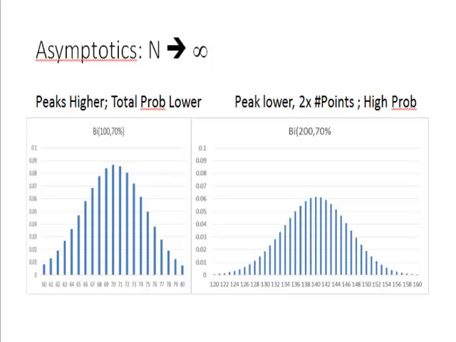So what we see here is that the peaks are higher. Here the graph is for going from 60 to 80. It is the central values, because 70 is for n equals 100. So this time we have 70 as exactly the 70%, and it has the highest probability, which is about 0.088.